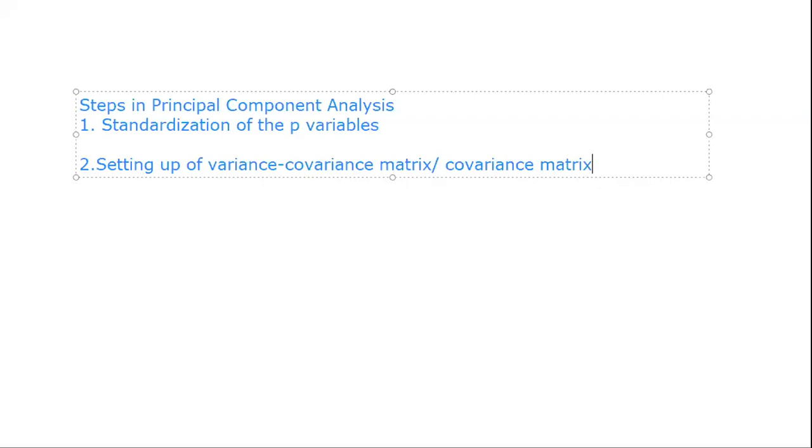I think you remember that we did that before, and the essence of the covariance matrix is just for us to be able to measure the expansion, the deviation of the mean of the input variable from the respective observation. And that was the reason why we need to set up a variance covariance matrix.